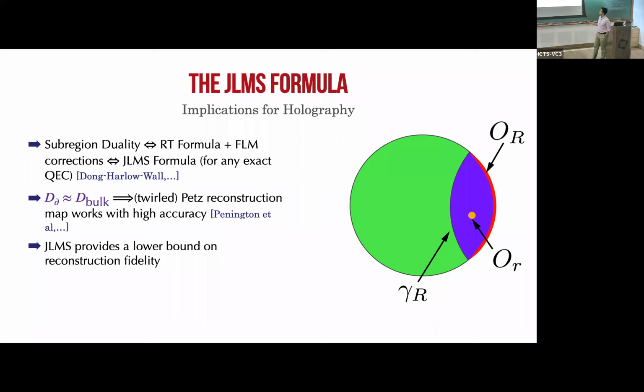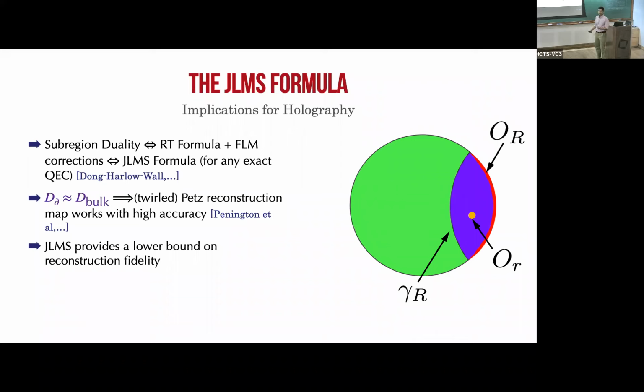And so it was also shown that you could account for approximate error correction, which means that you have error correction up to some small errors. And still, the statement that there's an approximate equality between the bulk and boundary relative entropies is sufficient to show that there's a nice reconstruction map which reconstructs any given bulk operator in this blue region on the boundary subregion capital R. This is a non-trivial statement, and essentially it follows from the fact that the relative entropies being close is a very strong statement.